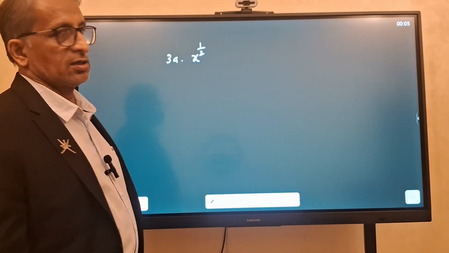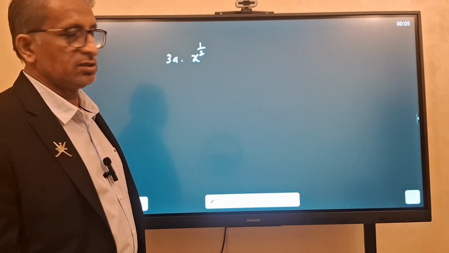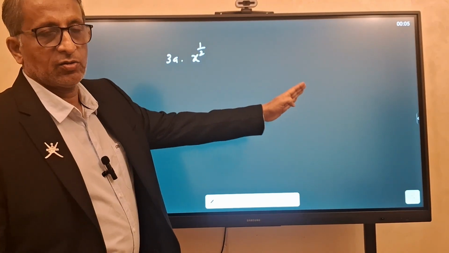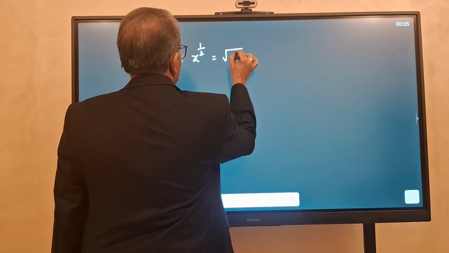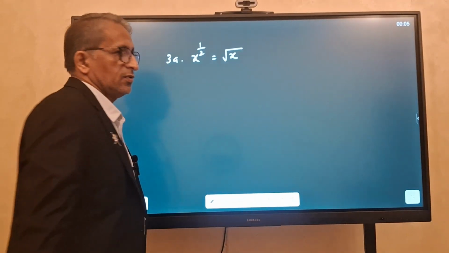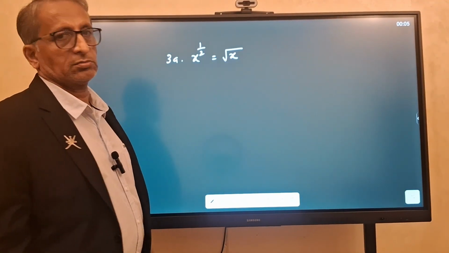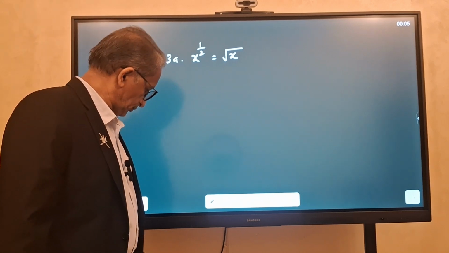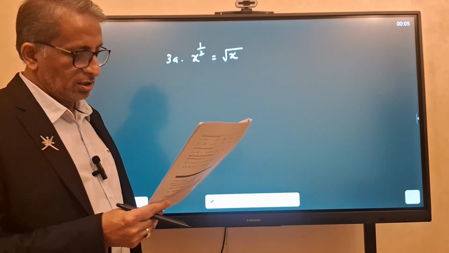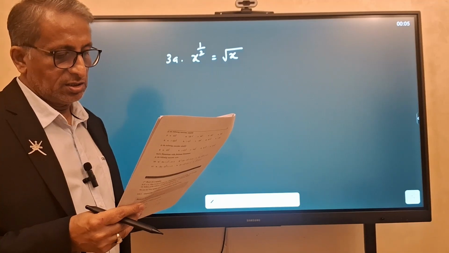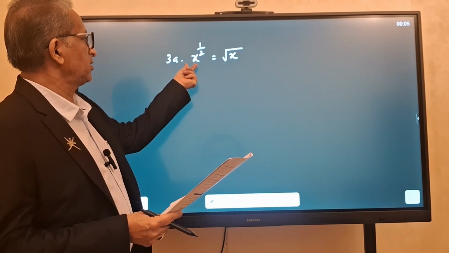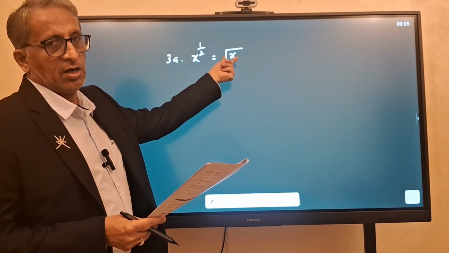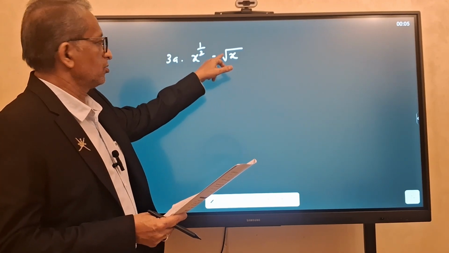This is given in rational exponent. I will write this as a radical. What is the radical value of this? It is root x. Finish. We don't write any number 2 here. The question in 3a, b, c, d is to write as a radical expression. The exponent given, you convert it into radical. Since it is 2, don't write 2.